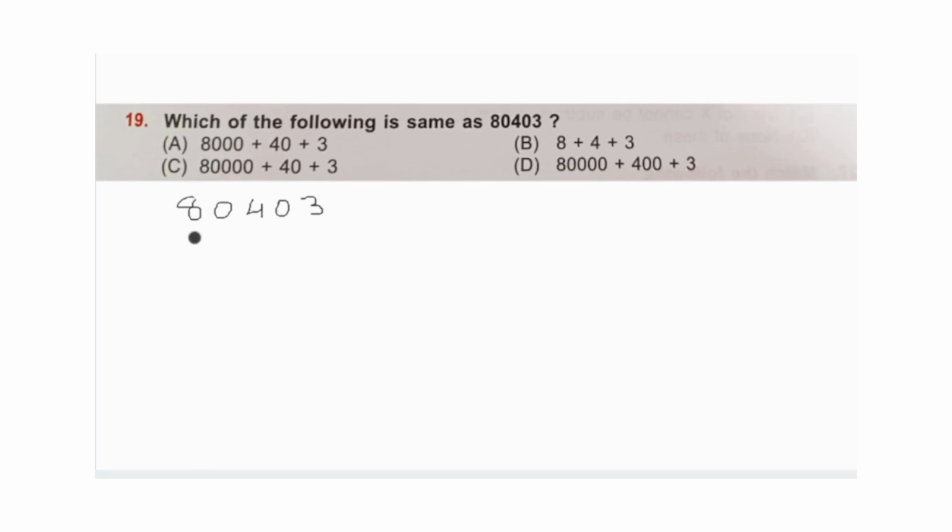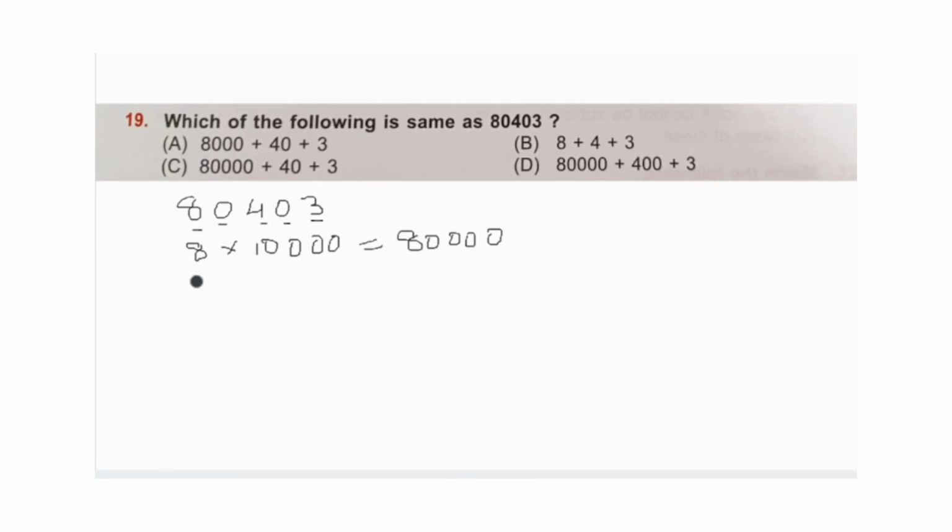Let's map the face value with the place value of each of the digits. Let's start from left to right. This is 8, the first. So if you see, this is ones, tens, 100, 1000 and 10,000. So 8 into 10,000 gives us 80,000.